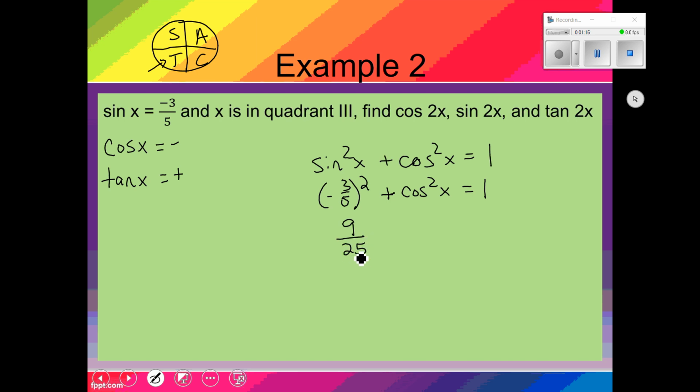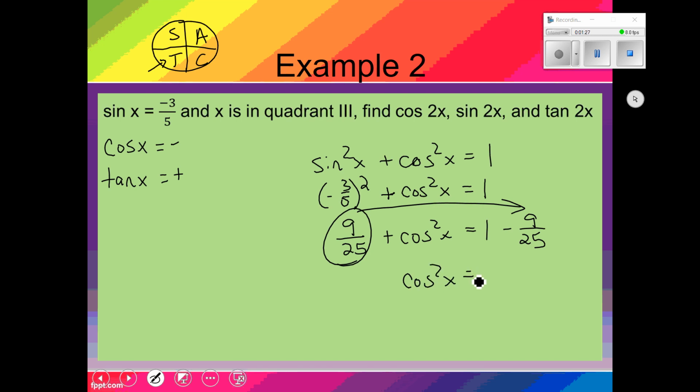9/25 plus cosine squared x equals 1. And when I move this across and subtract 9/25, cosine squared x is equal to 16/25.